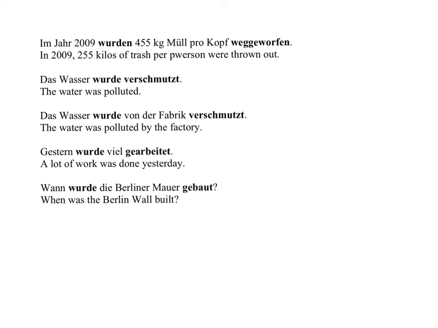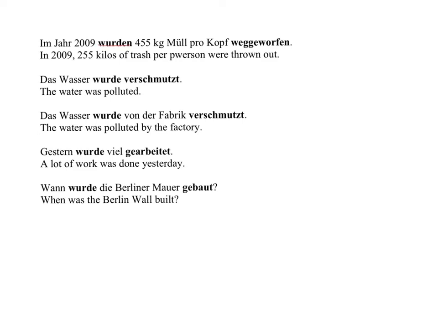Here are some examples of the passive voice being used in the past. Im Jahr 2009 wurden 455 Kilogramm Müll pro Kopf weggeworfen. So in the year 2009, we see 455 kilograms of garbage per person were thrown out.